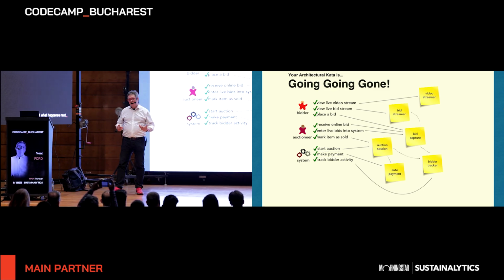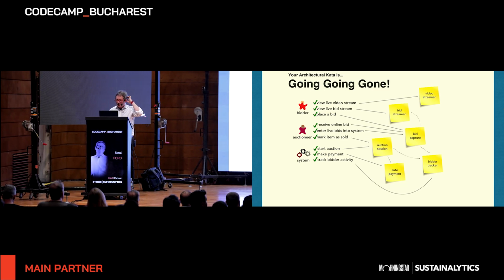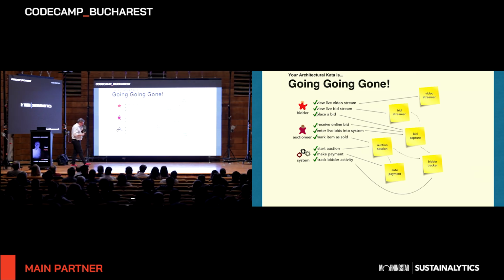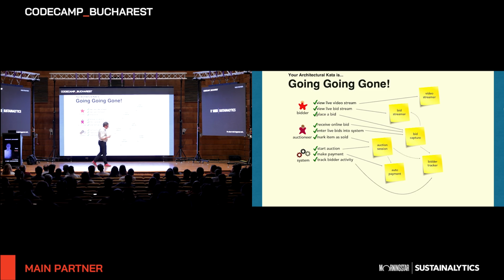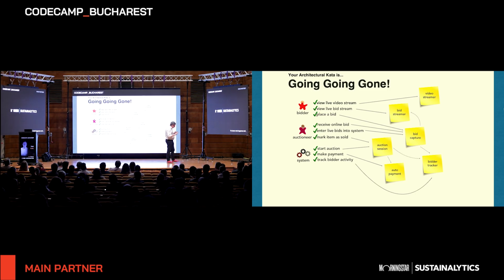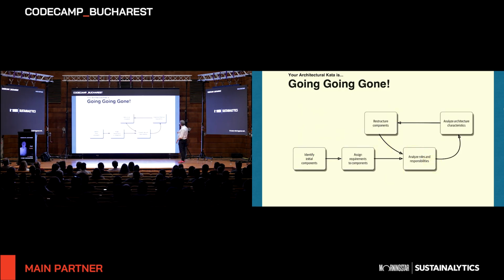This is very much like the output from some sort of design exercise like event storming or something like that. Here's why that's not sufficient by itself. Remember I said early on that you do these two kinds of analysis, architecture characteristics analysis and domain analysis. We've done both of those now, but I also said there's a join point. And now we've reached the join point between these two things, and it's right here.